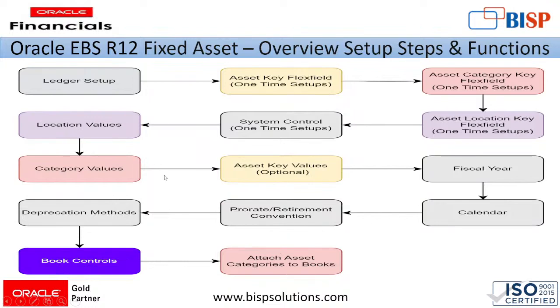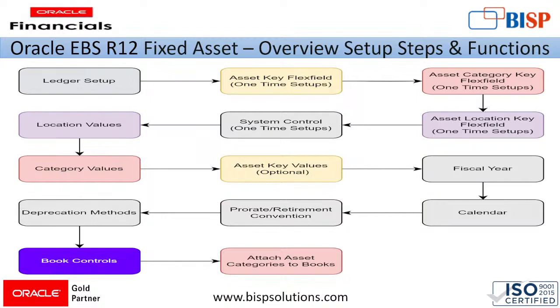So we have created values, category values, location values, and asset key values, and we have created fiscal year, calendar, prorate retirement conventions, depreciation methods. We have created 2 depreciation methods, and we have created a book control, that is corporate book we have created. The last step is to attach asset category to the book.